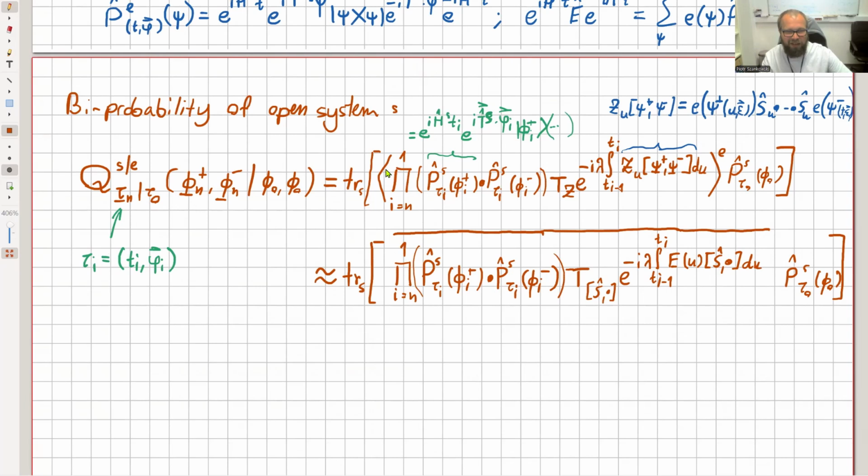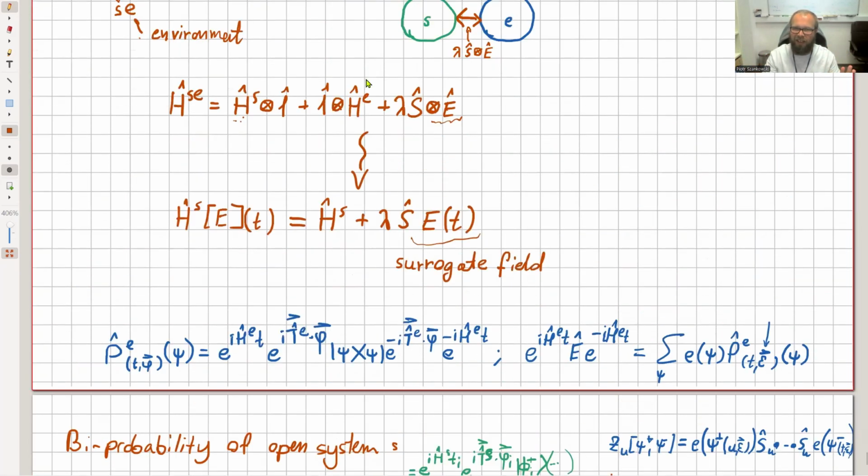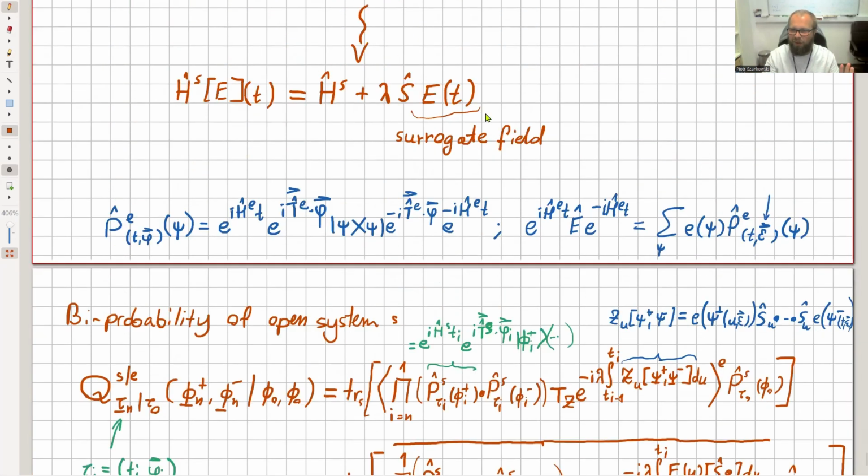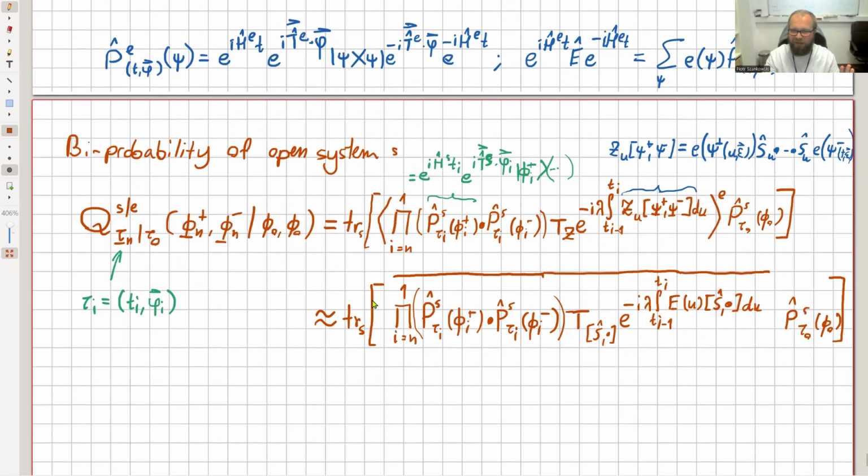And now the question is, so this would be a criterion for this kind of external surrogate field approximation to work.